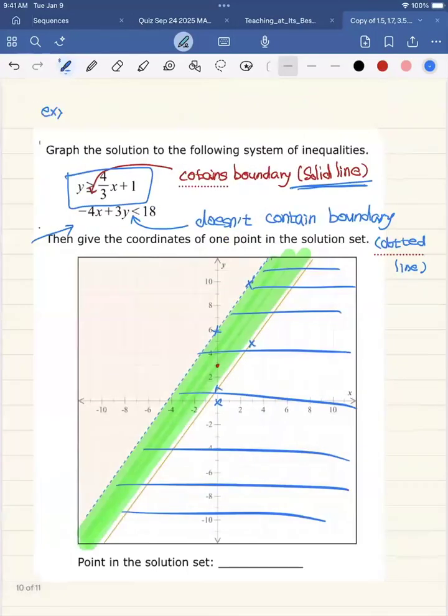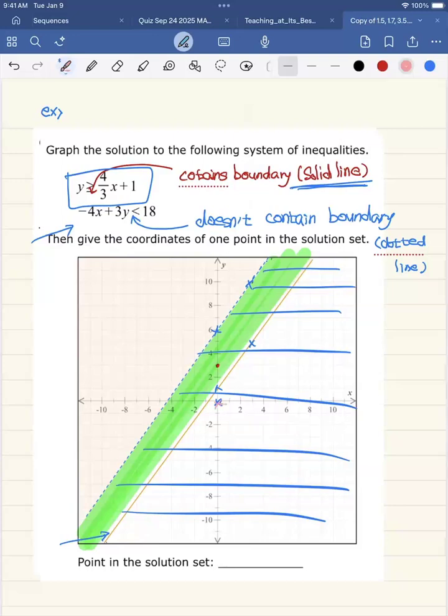So the red straight line should not contain this (0, 0).